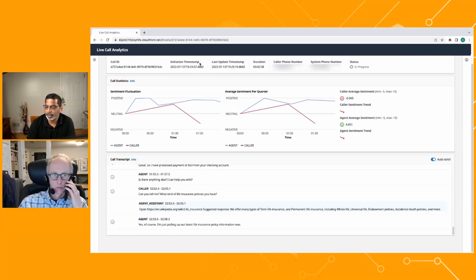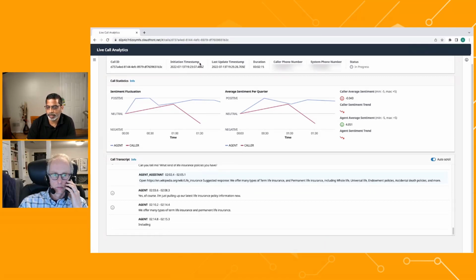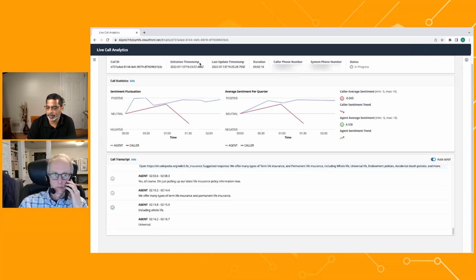We offer many types of term life insurance and permanent life insurance, including whole life, universal life, endowment policies, accidental death policies, and more. Interesting. What is an endowment policy? Let me look that up for you now.